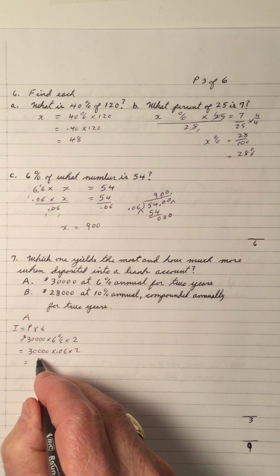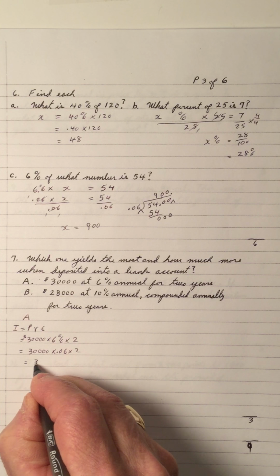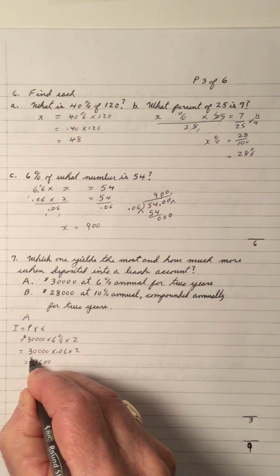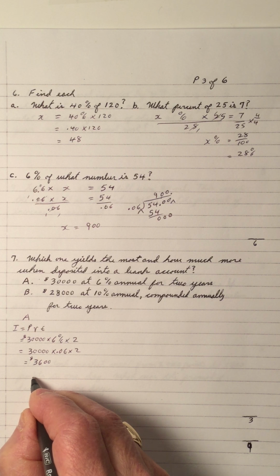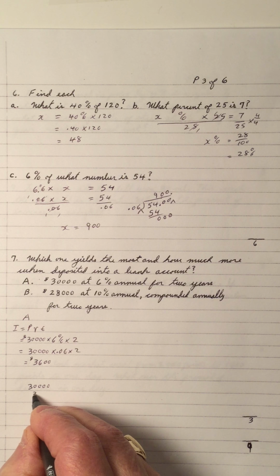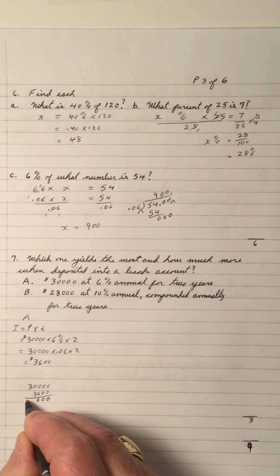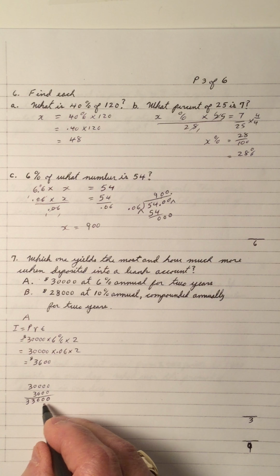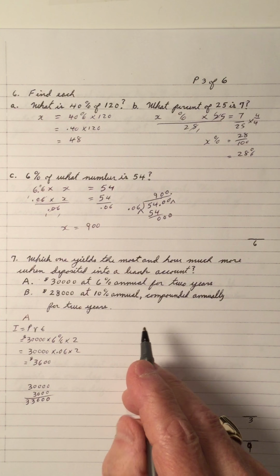Take up your calculator and work that out, and you'll get 3,600. So when you add that on to your total, you started off with 30,000, and you're going to add on 3,600, which gives 33,600. So that's the total that you get in the bank at the end of the 2 years.